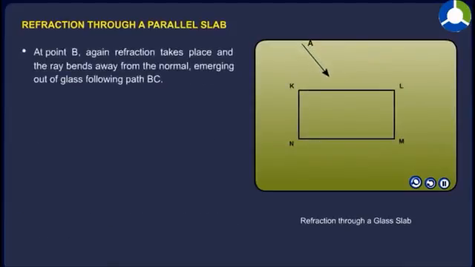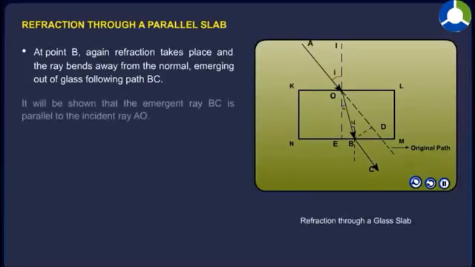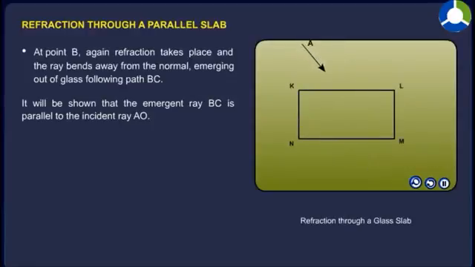At point B, again refraction takes place and the ray bends away from the normal, emerging out of glass, following path BC. It will be shown that the emergent ray BC is parallel to the incident ray AO.